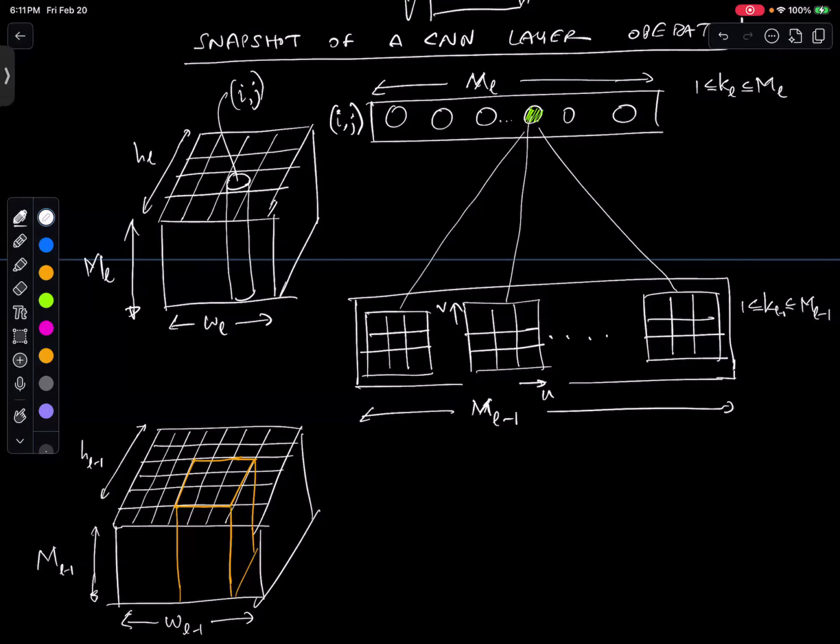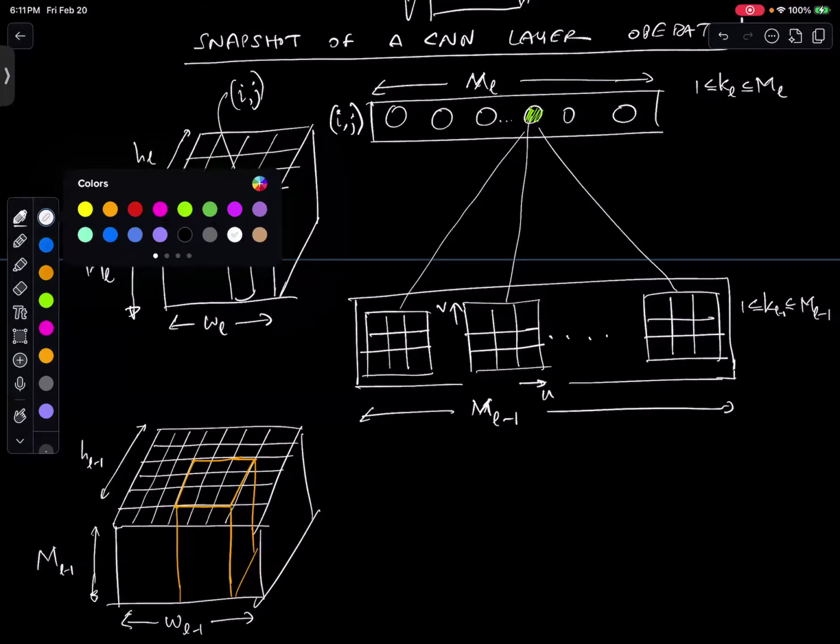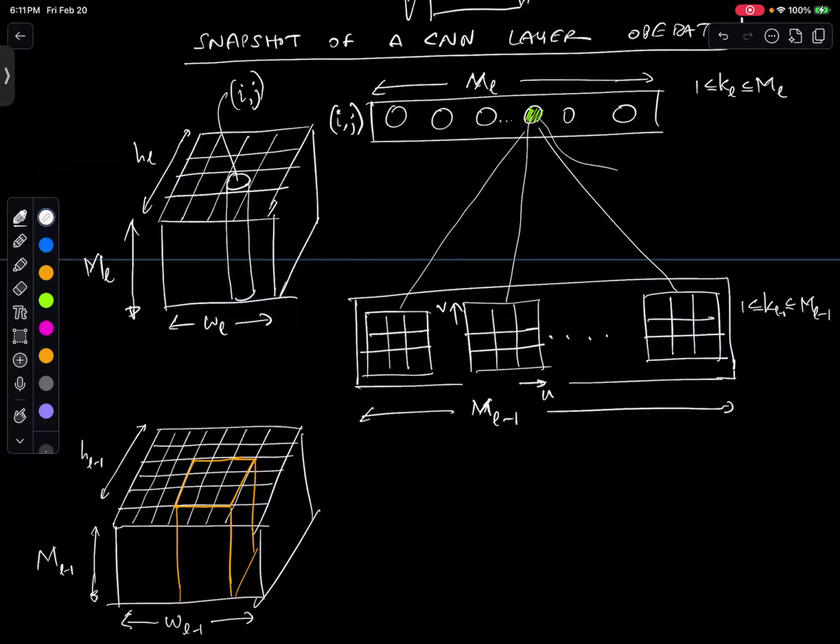I'll call this green pixel Z of i comma j, because it is located at the i comma j coordinate, and k_L, which is some depth in that column. Okay, so here's the pixel.